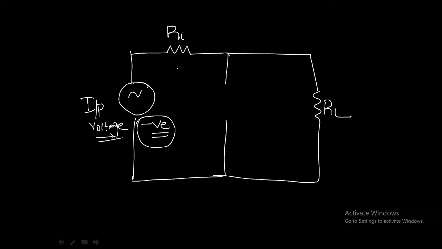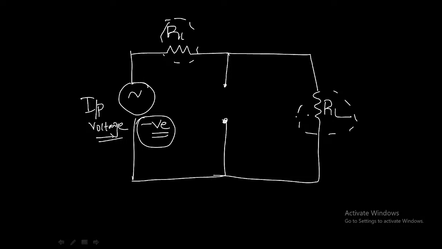Now what happens if this particular diode becomes an open circuit? Then the R1 resistor and the RL resistor will be in series, and the voltage will get divided between R1 and RL.